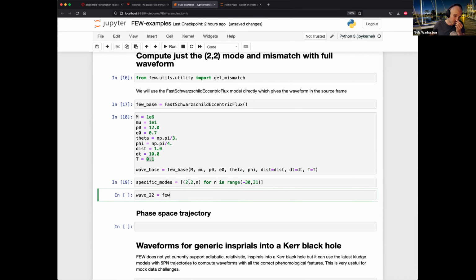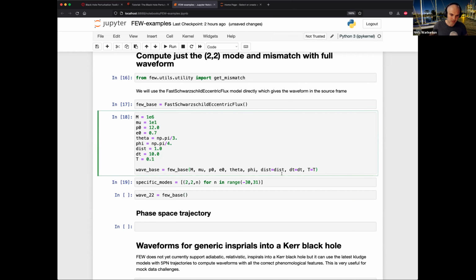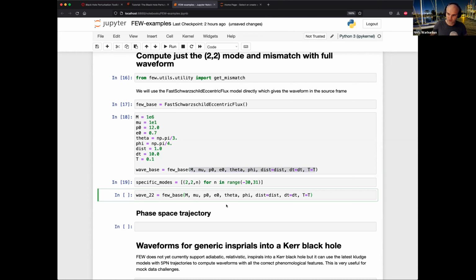So here we're just going to look at the 2-2 mode. So it has exactly the same set of parameters with an additional argument called mode selection equals specific mode. So the modes we've chosen before.